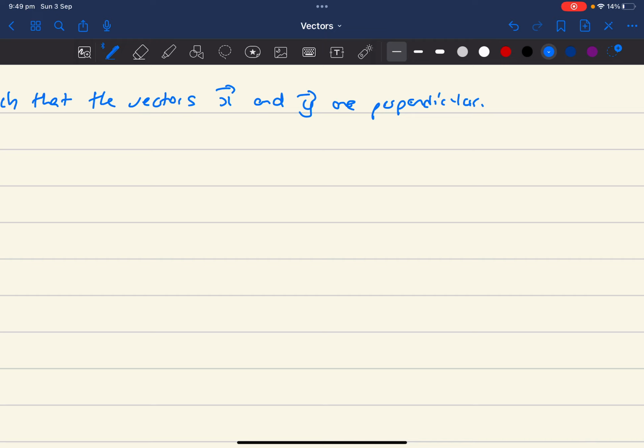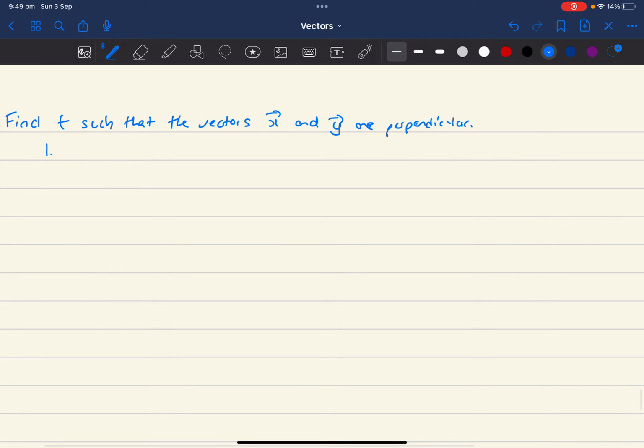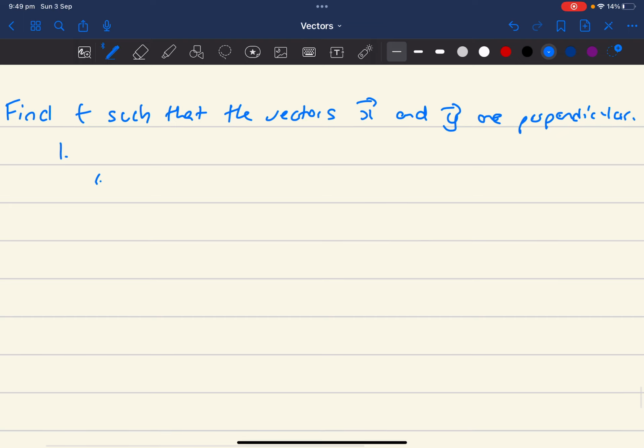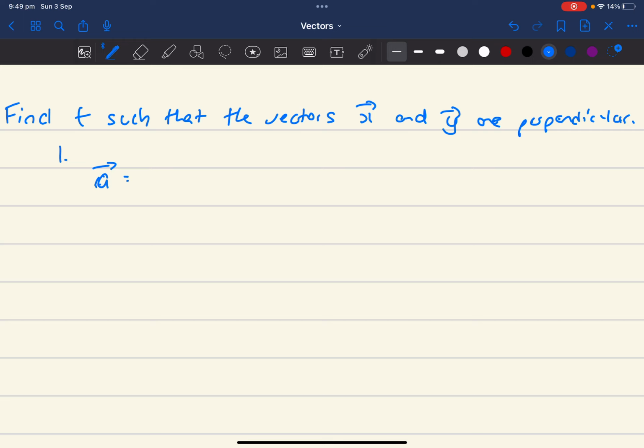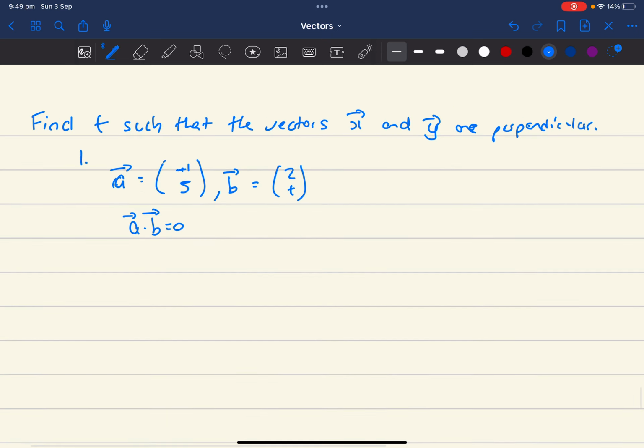Remember, when it's perpendicular, it means the dot product is 0, right? So for this first part, when a equals (-1, 5) and b equals (2, t), I want to find t when a dot b equals 0, because that's when the two vectors are perpendicular.